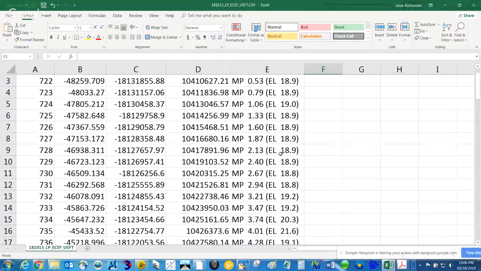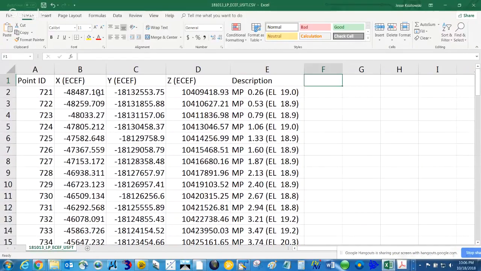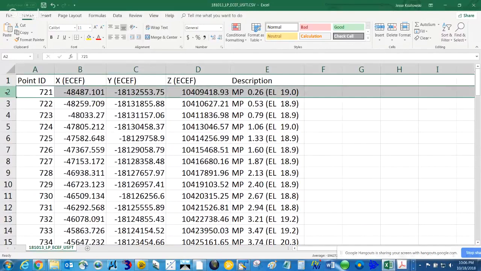So this is something that people are not really accustomed to think. They don't realize GPS actually works in this system right here. It does not work in latitude and longitude. It works in ECEF coordinates. These are converted to latitude, longitude, and ellipsoid height.